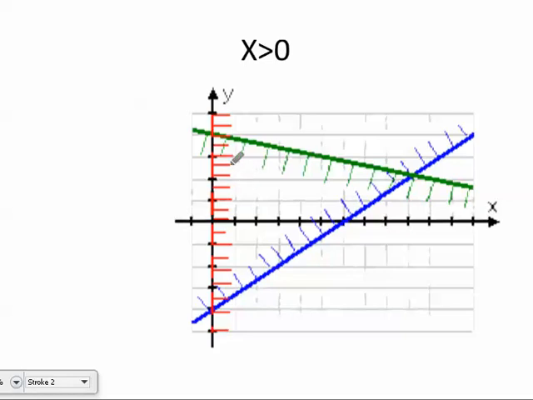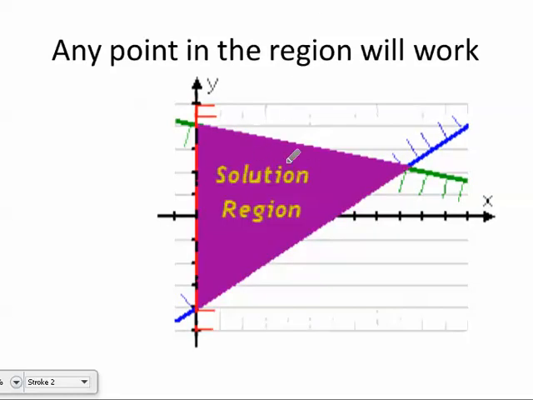Essentially what I've got is all this area in here, don't I? All that area in there. That is my solution region. That means any point inside of that solution region would be an acceptable point, would be a solution to the problem. So I could pick 2, 2, or 1, 2 over here.